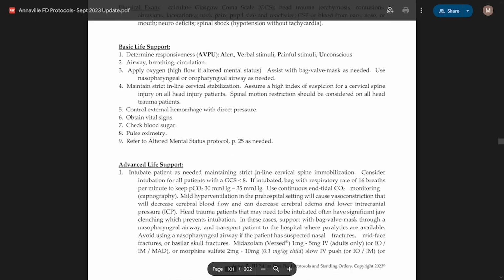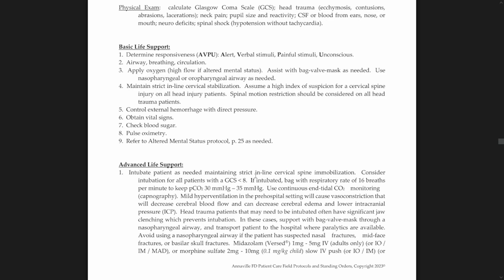So, for BLS or basic life support, you want to determine the responsiveness via the AVPU, which is alert, verbal stimuli, painful stimuli, and unconsciousness. We want to check their ABCs. We want to apply oxygen, high flow if they have an altered mental status, assist with the BVM as needed, use an NPA or an OPA also as needed, maintain strict inline cervical stabilization, assume a high index of suspicion for a C-spine injury on all head injury patients.